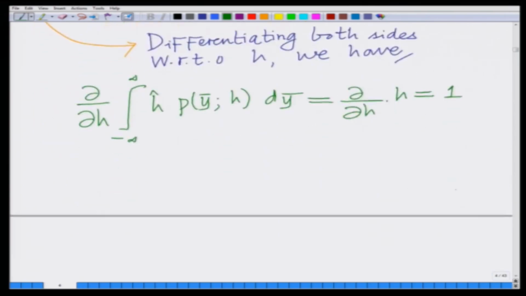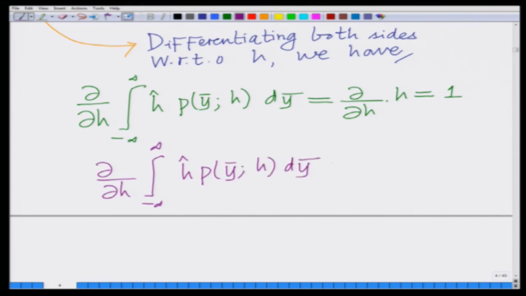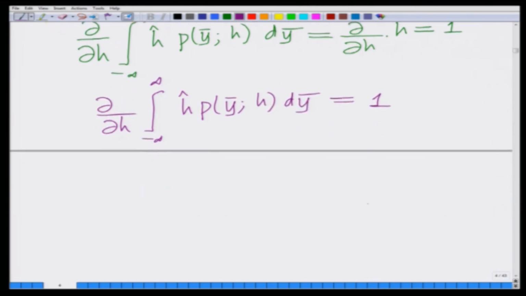Therefore, to put it simply, dou by dou h of the integral from minus infinity to infinity of h hat p of y bar parameterized by h dy bar equals 1.